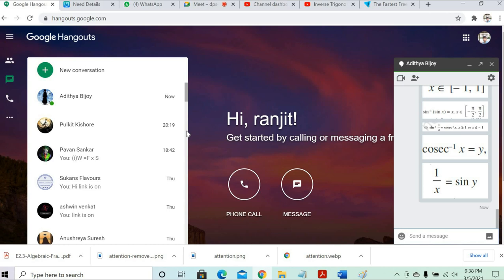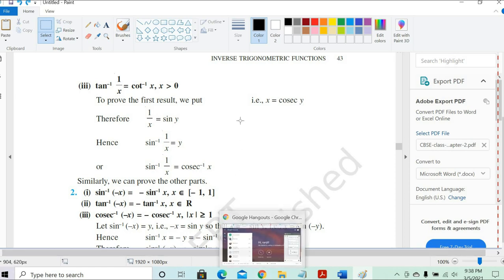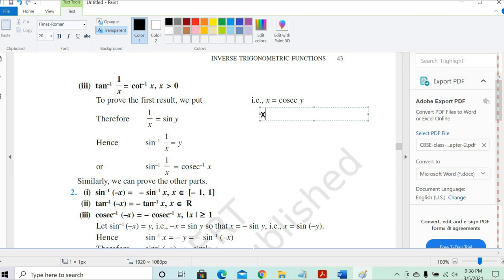So I'm getting confused now. No problem, let me just explain to you. So till here 1 by x. Okay, so let's do one thing. I'll just write it down here and then I'll send it to you.